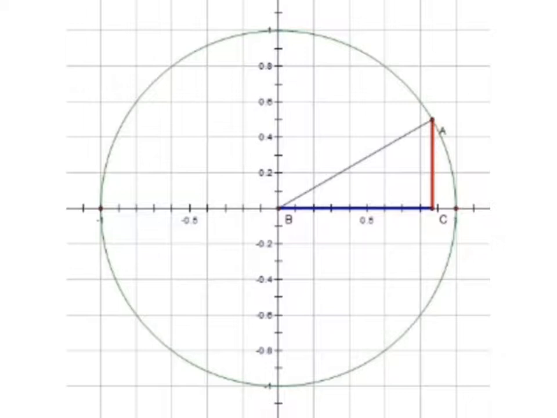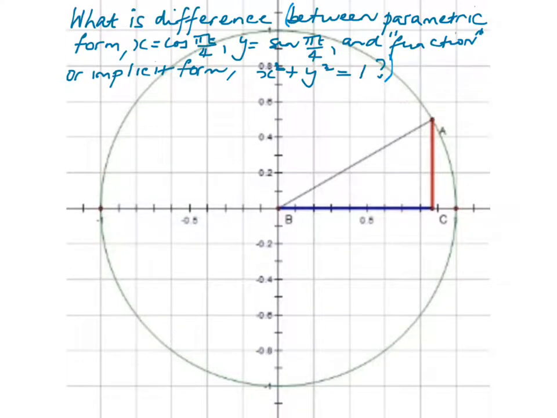We're back to our unit circle. Now, what is the difference between parametric form, x equals cos of pi t over 4, y equals sine pi t over 4, and the function or implicit form? Well, in a nutshell, for parametric form, you get real-time information.